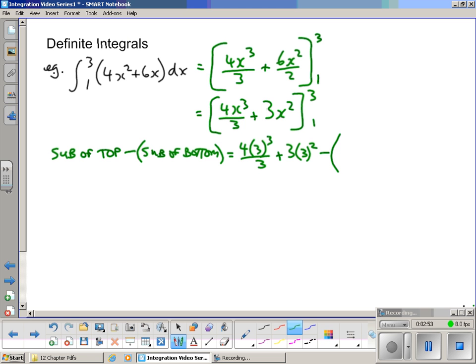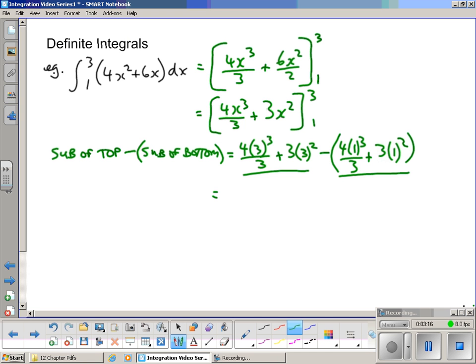I'm going to put a 1 wherever the x is in our expression here. So 4 lots of 1 cubed over 3 plus, inside the bracket there, 3 lots of 1 squared. Okay, we've subbed in our 3 in this first section and our 1 wherever there's an x in the second section, and we're going to be really careful with the minusing.